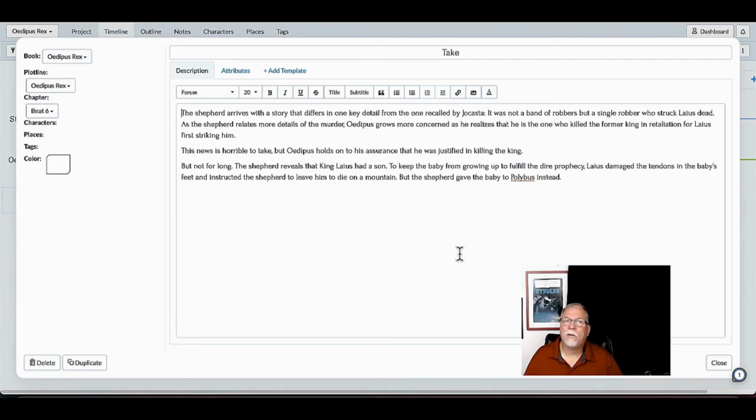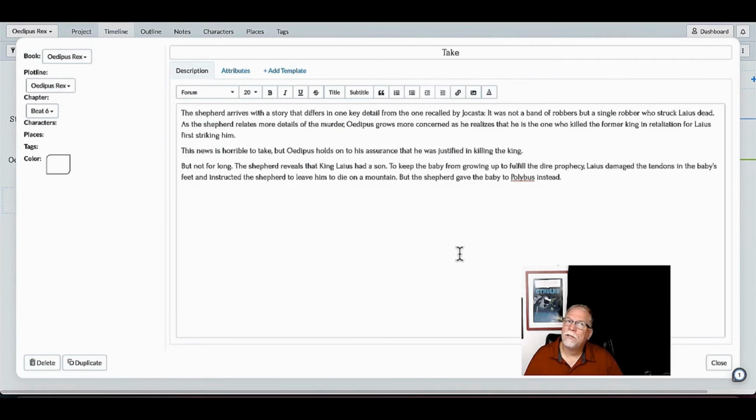He killed them all as a result. At that moment, he realizes he is the one who killed the former king in retaliation for first being struck. This news is kind of tough to take, but Oedipus holds on to his assurance that he was justified in killing the king and that he certainly didn't kill his father.